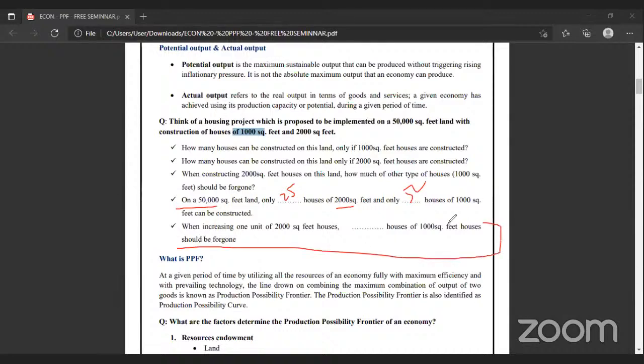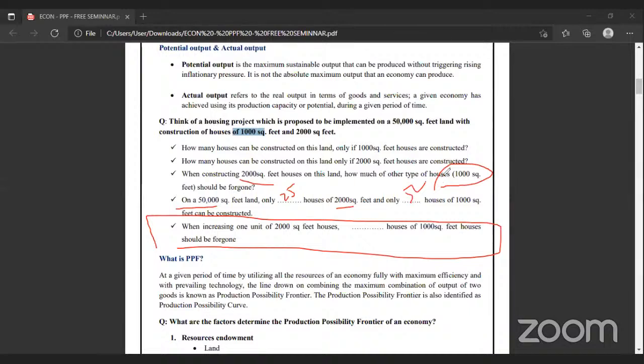Now, this is what we are going to calculate in the lesson. This is generally the total amount of opportunity cost we talk about, right? So simply if I say the opportunity cost of producing 2,000 square feet houses, how many? 50,000 square feet houses.